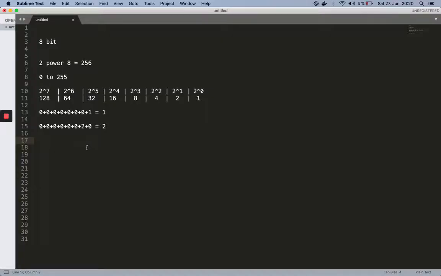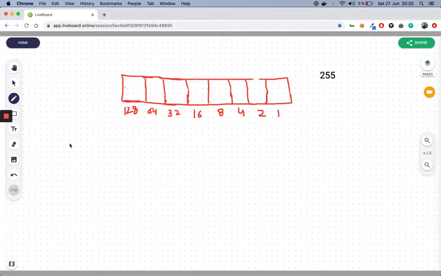So now let's see how 255 is represented. Because we have a range of 255, that's why I have taken an example of 255. Here, because I know that if I set all the bits, then I will get 255.